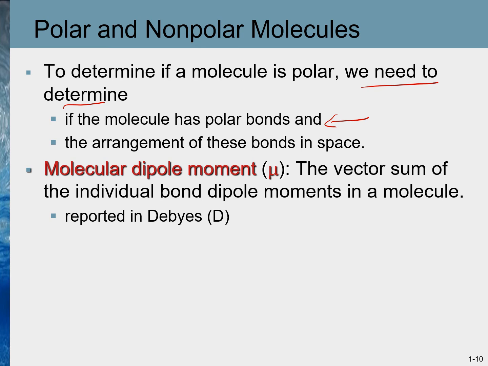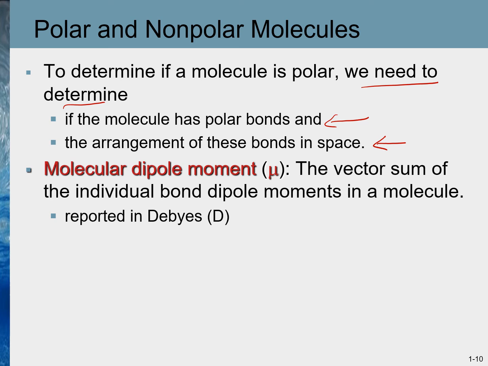However, if a molecule does have a polar bond, it does not automatically mean that it will always be polar, because the arrangement of these bonds in space also plays an important role. Many times these polar bonds are arranged in such a way that they cancel each other's polarity. In that case, the molecule will become nonpolar.